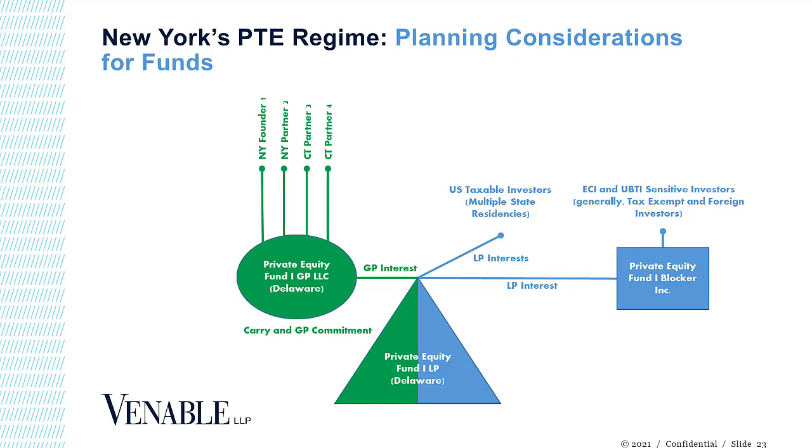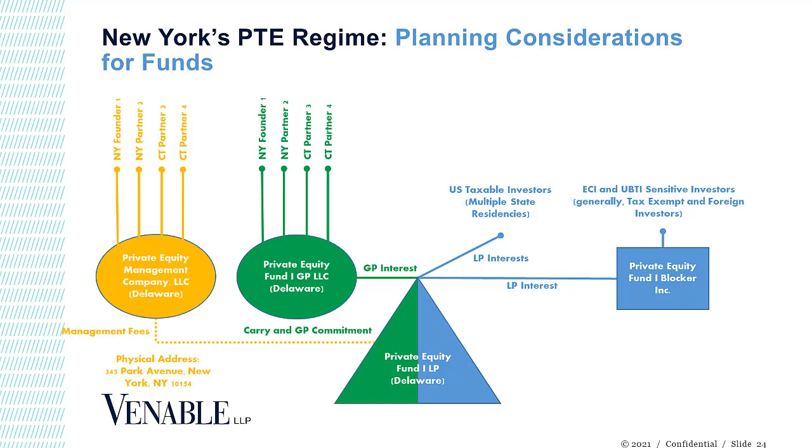But there's another pass-through entity in a basic fund structure, the management company. The management company often has parallel, sometimes identical, not always identical, ownership, depending on employees coming and going. But the management company is a separate pass-through entity, also owned by the partners or principals of the fund, that receives the management fees.